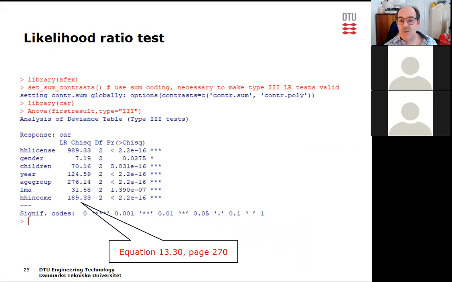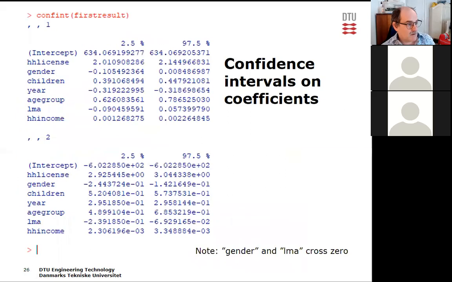But let's see, I'm coming up towards the end here. Oh, one more thing on this, and then I've got something to show you. Here's another function called confint. So this tells you the confidence intervals for the coefficients.